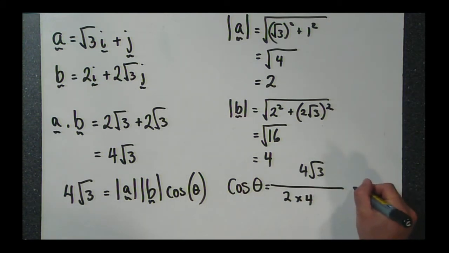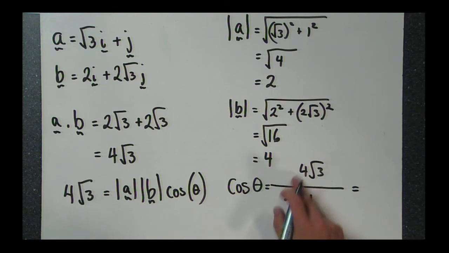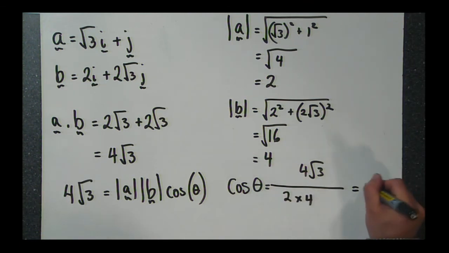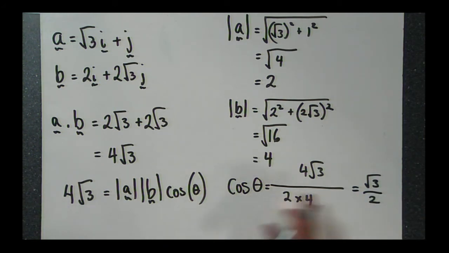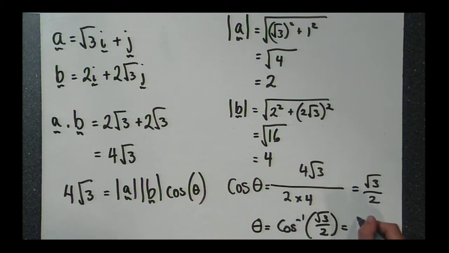So that's going to equal, if I cancel this down, root 3 on 2. Okay, so what angle gives cosine of root 3 on 2? So theta must be equal to the inverse cos of root 3 on 2, okay, which is pi on 6, or 30 degrees.